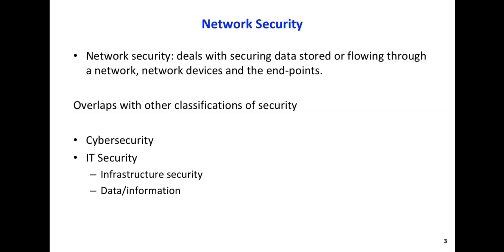That way they overlap. IT security is a term more commonly used in businesses, and it basically consists of security of all the IT infrastructure used by the business, the network within the organization used by the business.